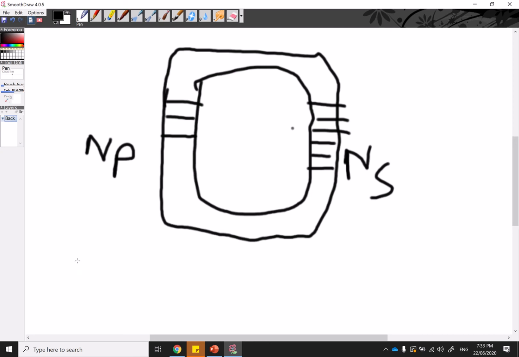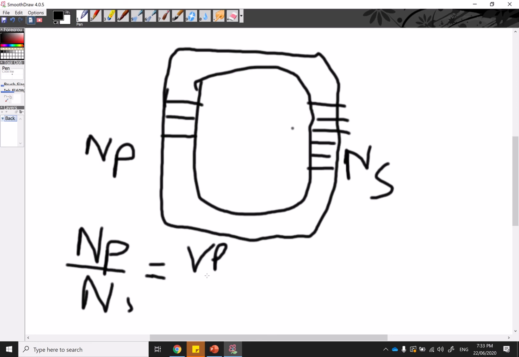The equation we need to know is N_P over N_S equals V_P over V_S. Okay. So the number of primary turns over the number of secondary turns is equal to the primary voltage over the secondary voltage.